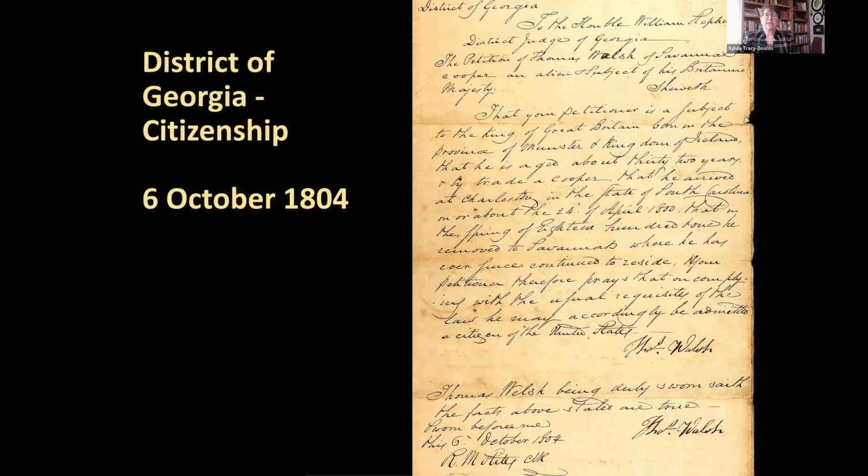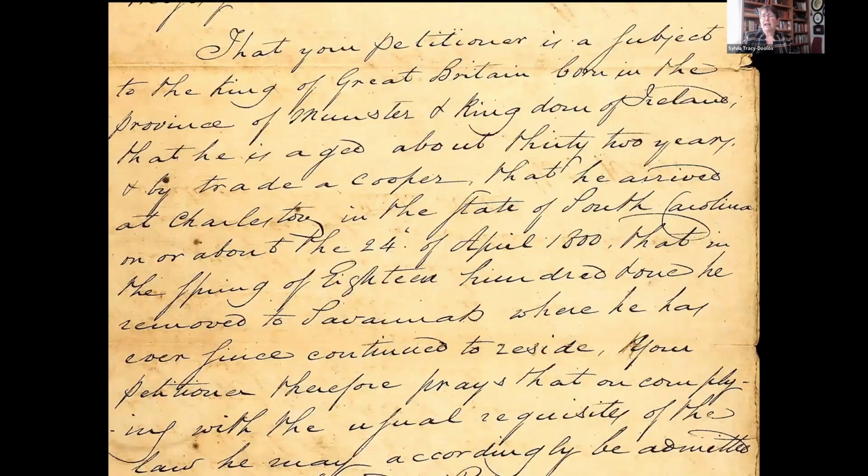Another record that I positively love is this District of Georgia citizenship record. At one point, I would have said, oh, states don't have citizenship records, and I would have been very wrong about this. This is an 1804 record, and it is positively beautiful. I'm going to read just a little section of it because I know it's a little bit difficult to read.